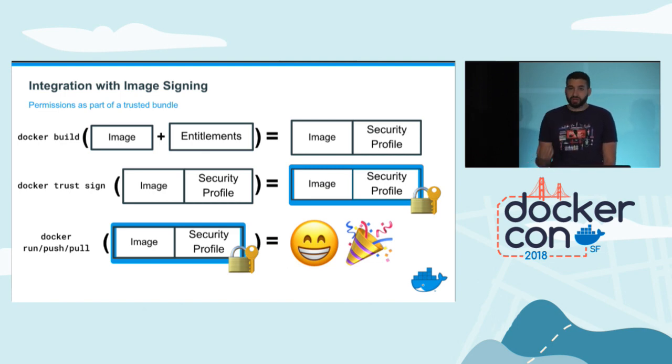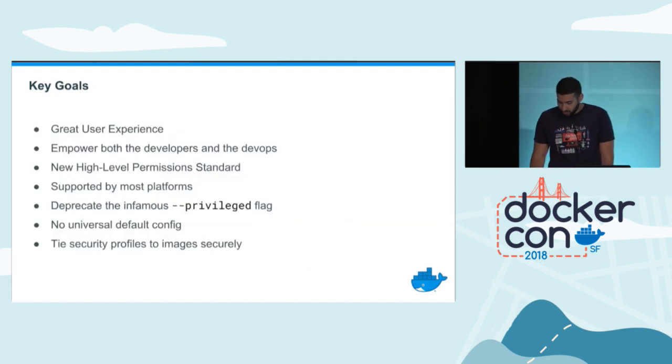And when you run the image, you would only have to specify this. So the user experience as of right now is pretty bad at the security decision making level, and this is one of the key features to improve it.